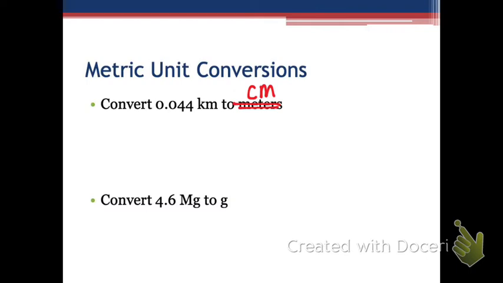What does it tell me? It tells me that a kilometer is equal to 1,000 meters, and it tells me 100 centimeters are in 1 meter. So the map that we have to walk through, or the path we have to go, is kilometers to meters to centimeters. Does that kind of make sense?